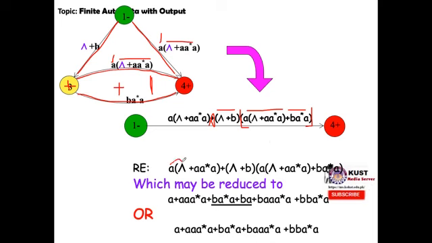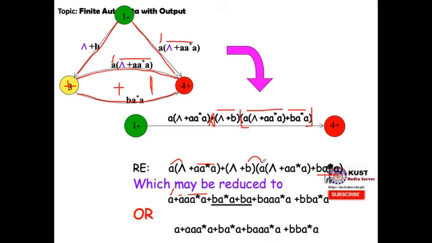A concatenated with lambda is A. A concatenated with this string becomes A, and lambda plus B becomes B. So B concatenated with A star A, it is this one, B A star A. And then we have BA.